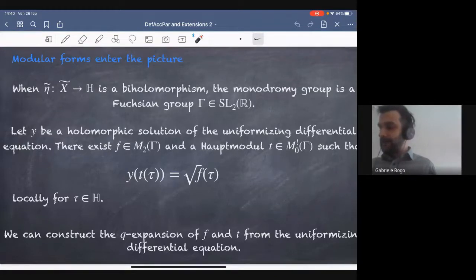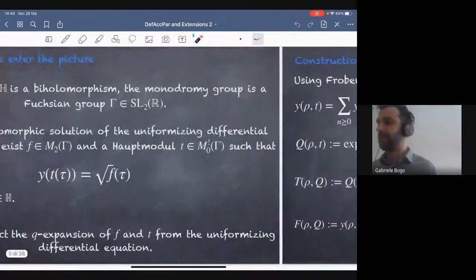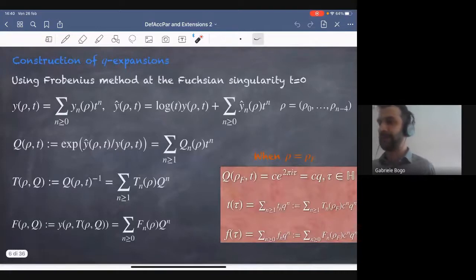Okay. Given solutions of the uniformizing differential equation, you can construct explicitly a q-expansion of your modular form using the so-called Frobenius method for the determination of the solutions of the uniformizing differential equation. What happens is the following. You consider a Fuchsian singularity of the differential equation.